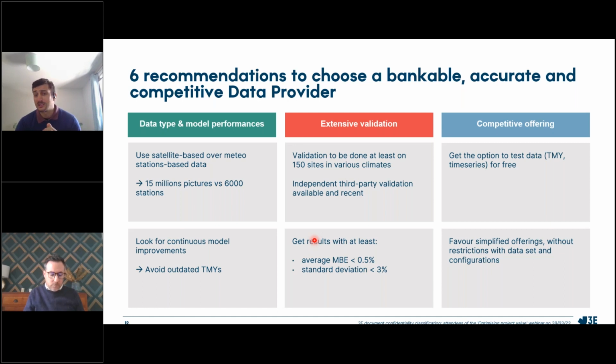This is also the last recommendation. It's very related to it, but as data should be accessible to everybody, good data should be accessible to everybody. We also believe that if you have simple access to the data via a specific plan, a specific subscription in kind of an unlimited manner, it will really help you to use it in many different types of climate and many different types of projects, and you will end up being more confident in this type of solar data.